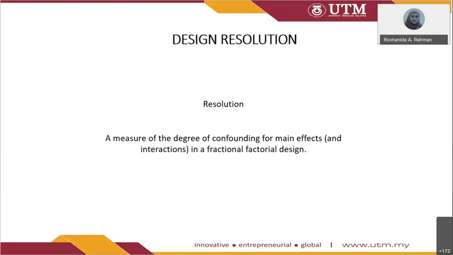After a few months, after so many repetitions, replications, and so many things, she showed me a result from the screening process. The response is the yield, and she got 99%. She got the yield of 99% after she completed the study.